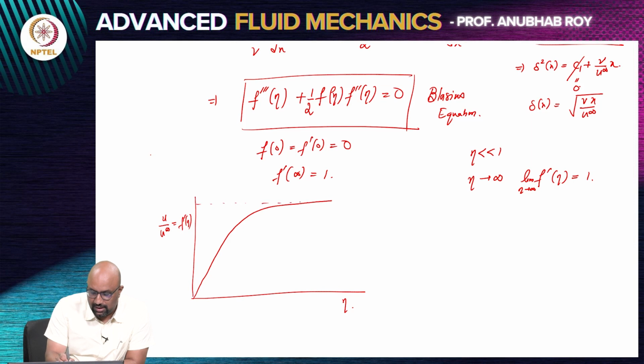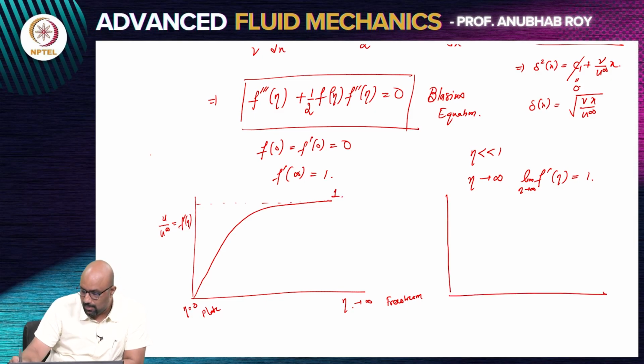As you go further away from the surface, eta equals 0 is the plate. Eta approaching infinity is approaching the free stream region, or the inviscid region, and it will approach 1. So this is what you will get for your tangential velocity. Now what about your vertical velocity?